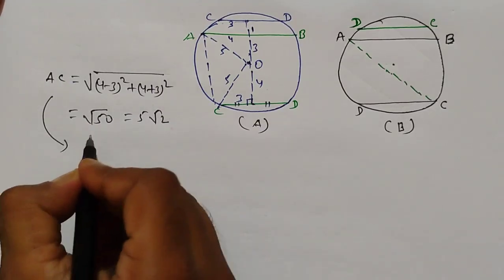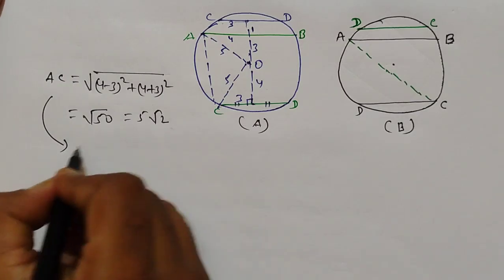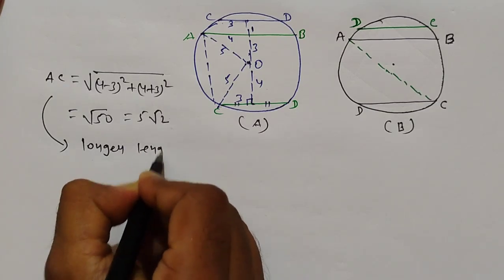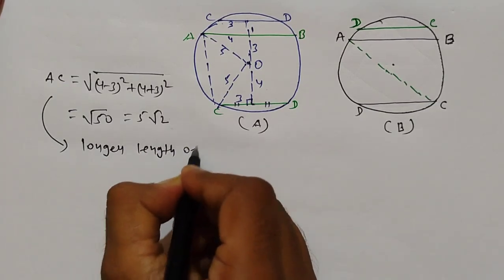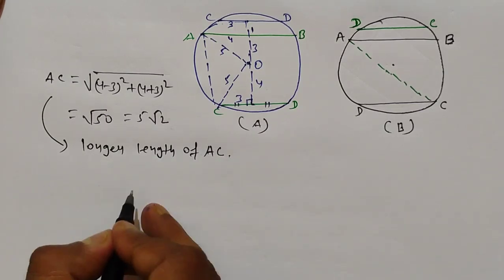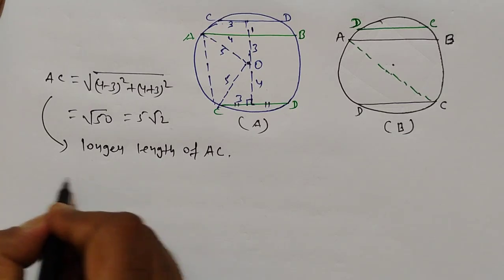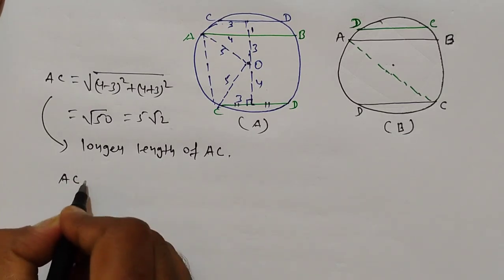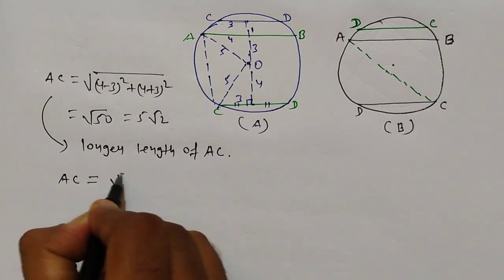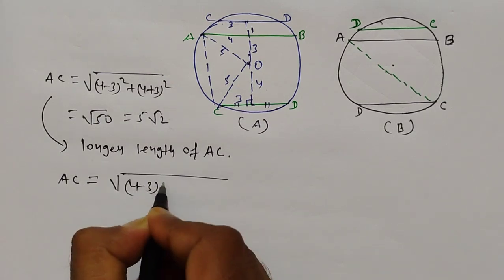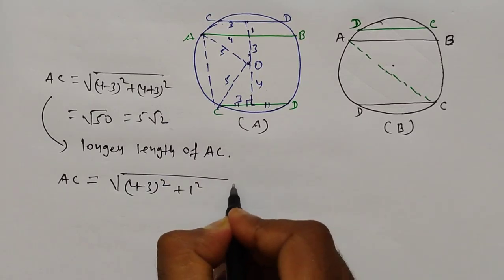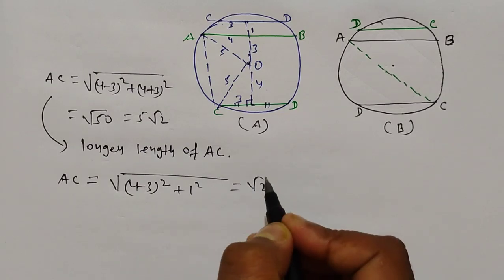So this is the longer length of AC, and the shorter length of AC can be written as AC is equal to the square root of (4 minus 3) whole square plus 1 square, and this is equal to the square root of 2.